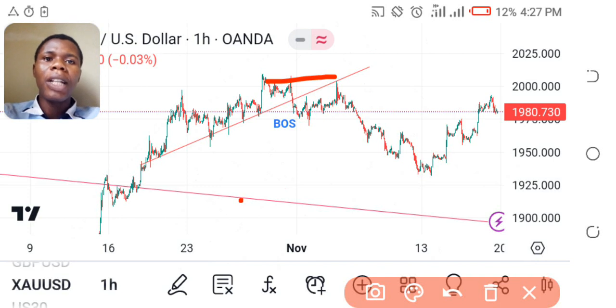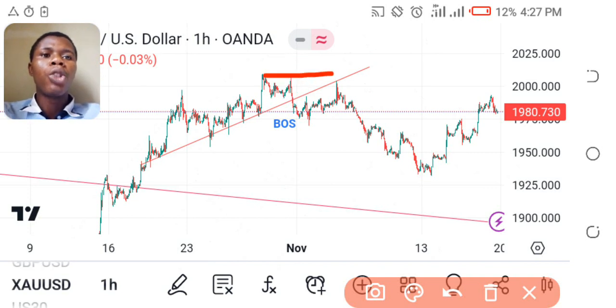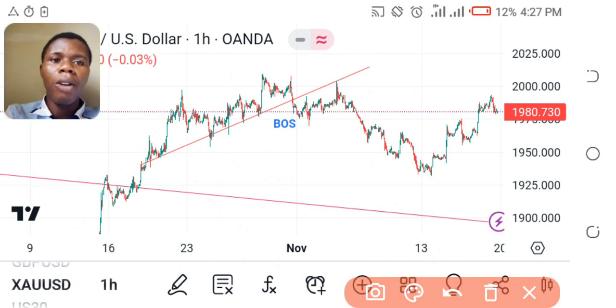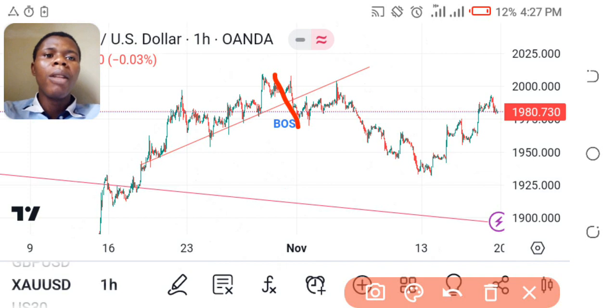After the left leg has been formed and the right one is being formed, if you enter there, it is called an aggressive entry, and you put your stop loss a little bit above it.